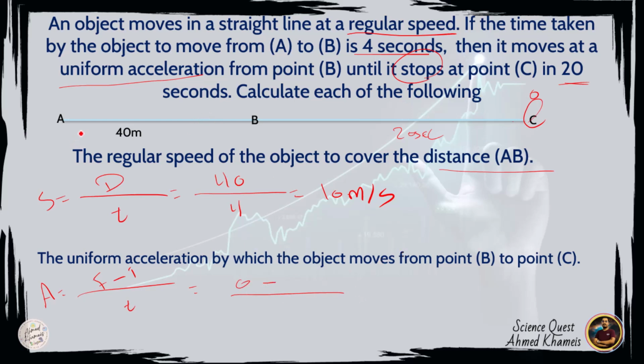The object was moving at a uniform speed of 10 meters per second from A to B, so until point B the speed of the object was 10 meters per second. So the initial speed will be 10 over 20. So it will be half a meter per second squared, and negative because it's deceleration motion.